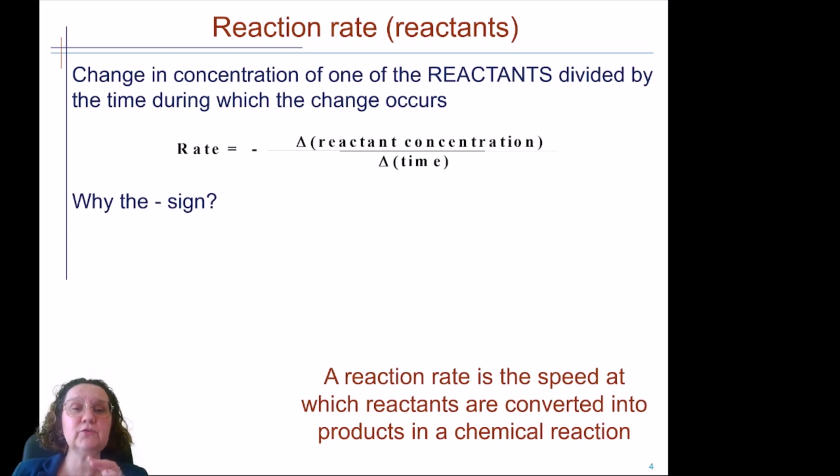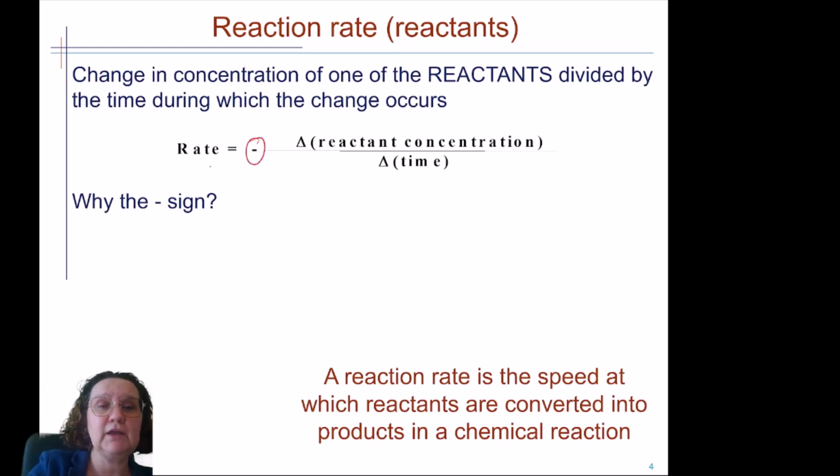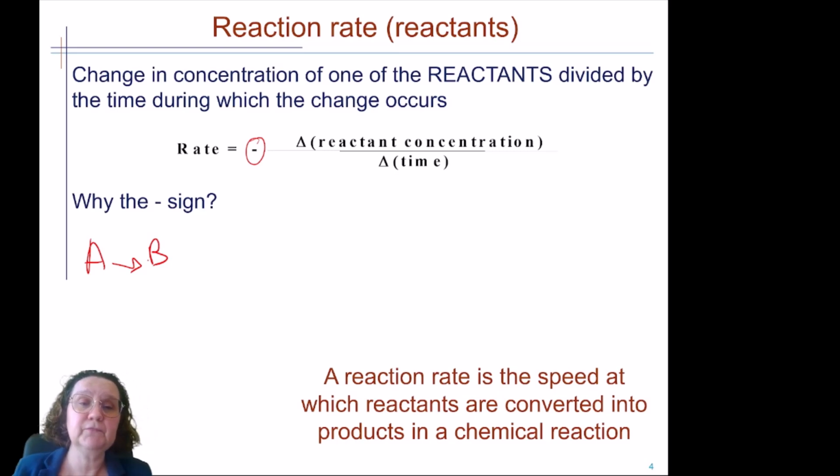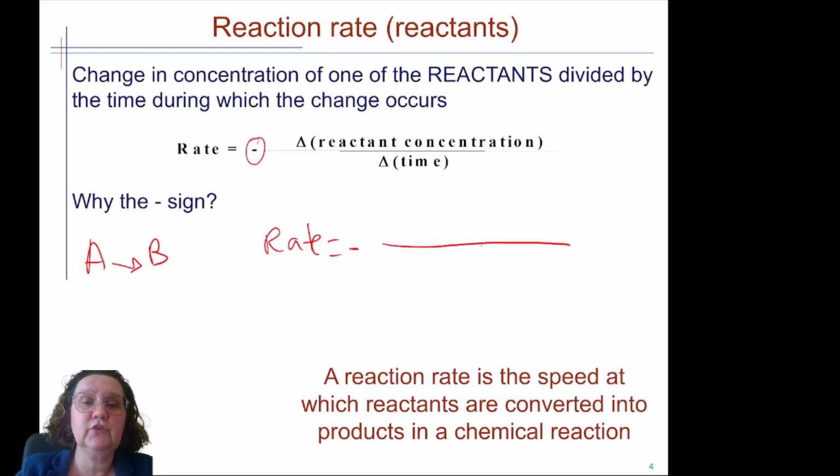If we look first at the reaction rate with respect to the reactant, the rate will be the change in the reactant concentration divided by the change in time. And we have a minus sign here. So if we imagine, for example, that we're studying a reaction in which reagent A gives you reagent B, the reaction rate with respect to A will be minus the concentration of the reagent in the final moment you're looking at.